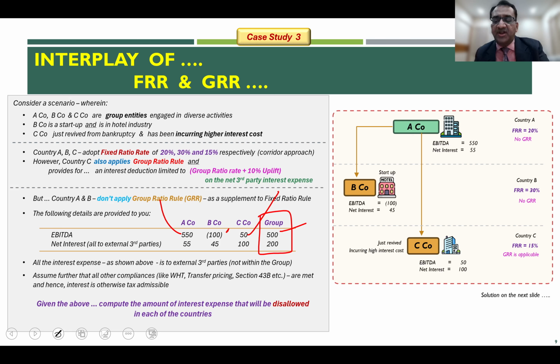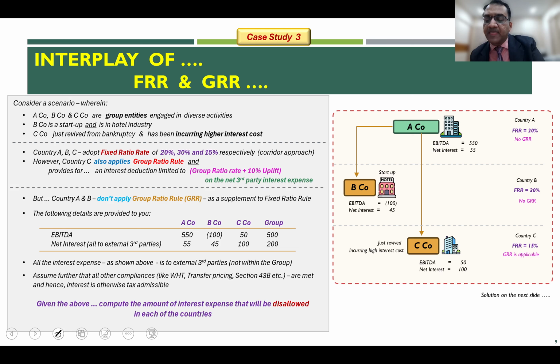The net interest for each of them is 55, 45, and 100, aggregating to 200. As already mentioned, the entire interest expense is to external third parties. Nothing is paid to group companies within the group.